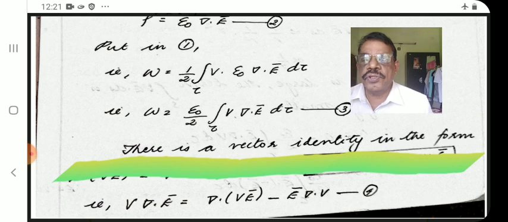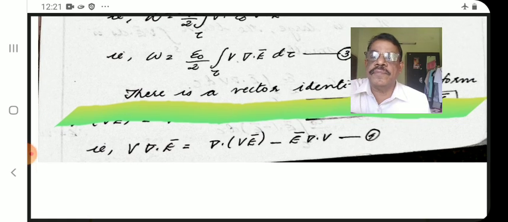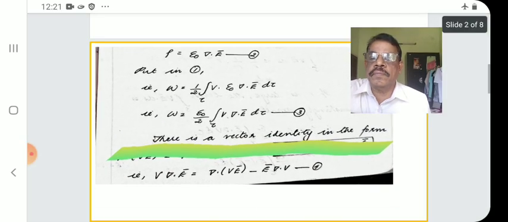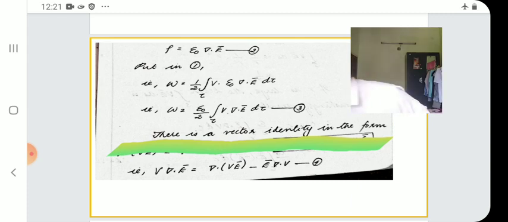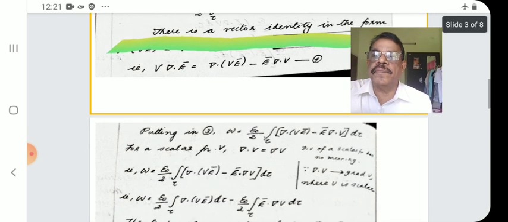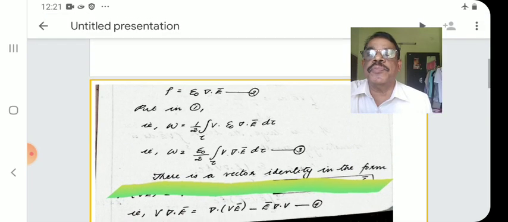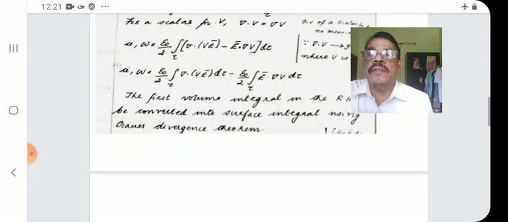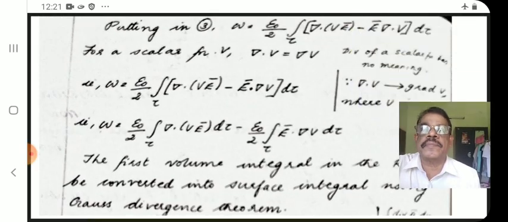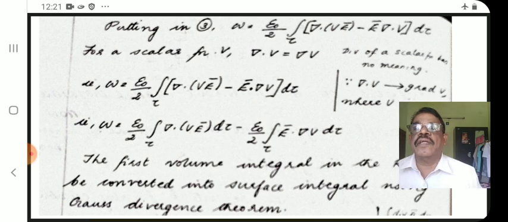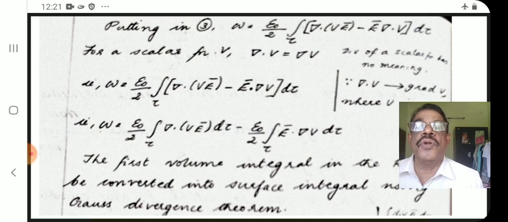That we put in equation number 3. Then we get W is equal to epsilon 0 by 2 integral of del dot VE minus E dot del V d tau.